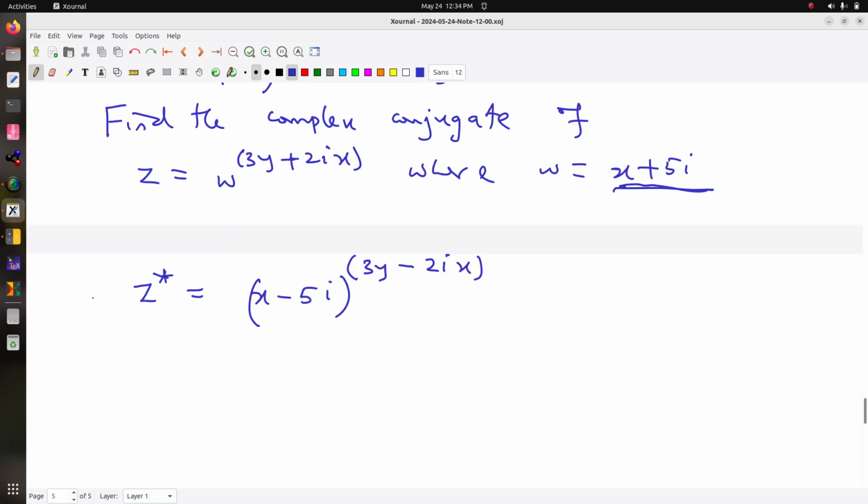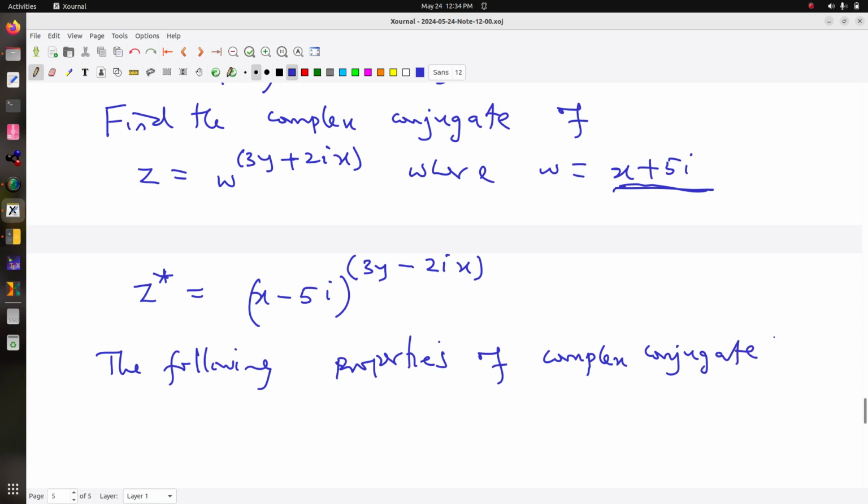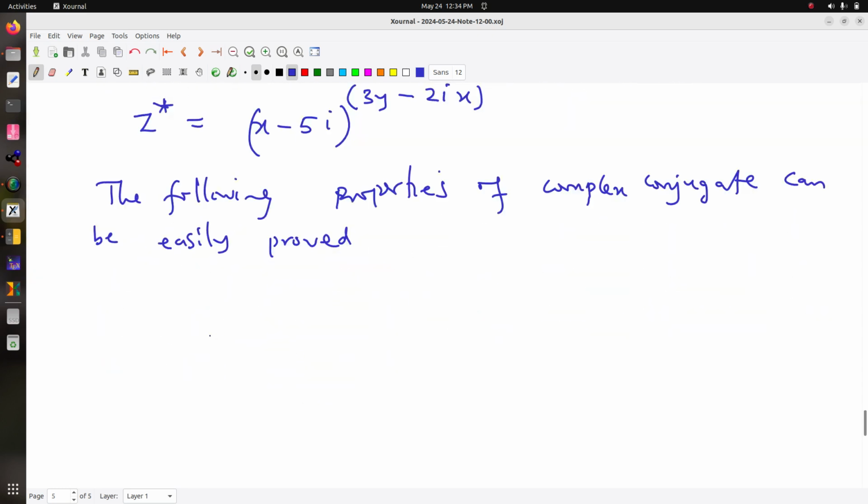You should also note the following properties of complex conjugates, which can be easily proved. You should try as much as possible to prove these relations. If you find the complex conjugate of a number and you find the complex conjugate again, it will give you the actual complex number.